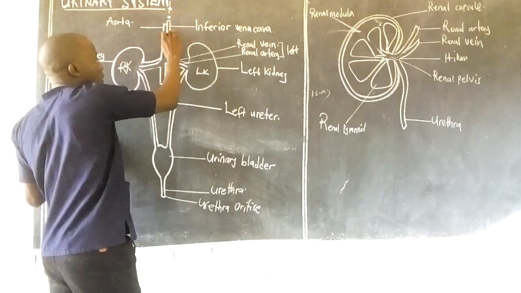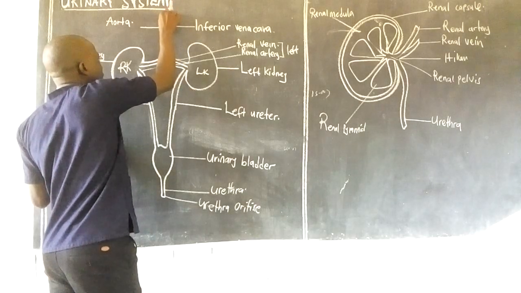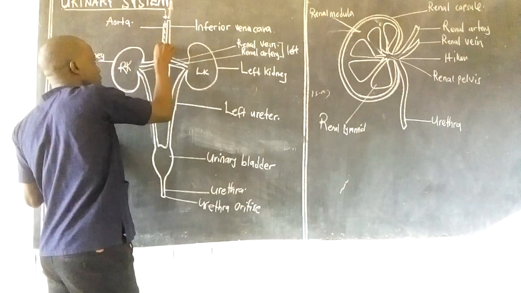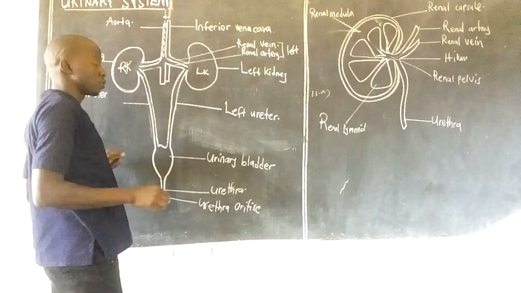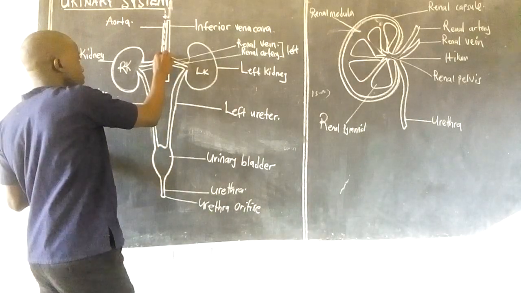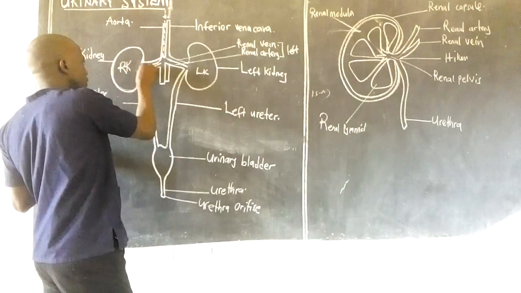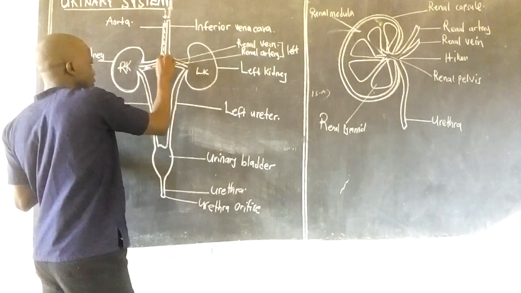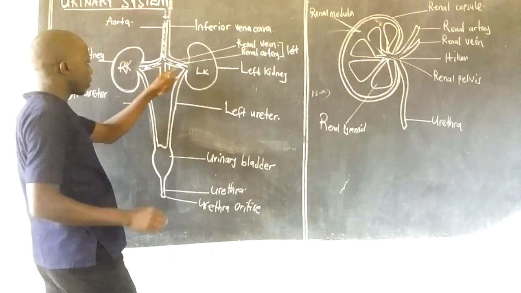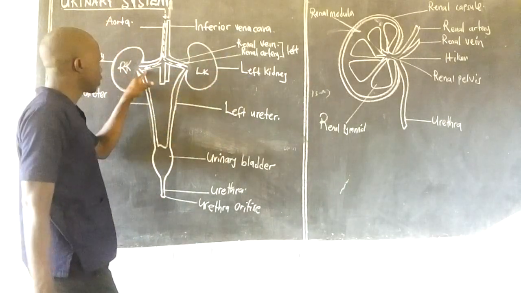We all know that the aorta carries oxygenated blood. So this blood comes through the aorta and enters the kidneys to supply nutrients through the renal artery on both kidneys.